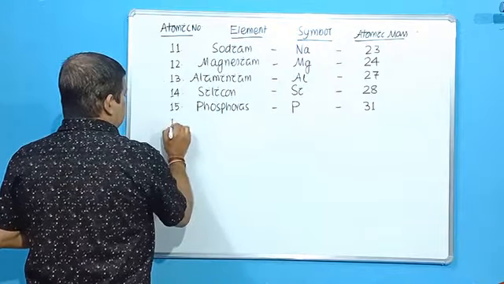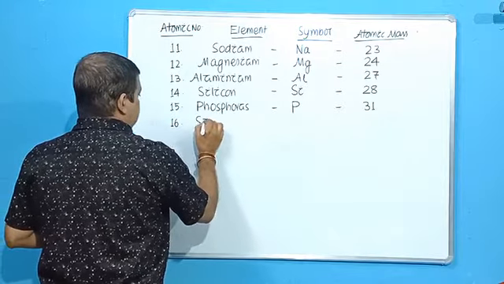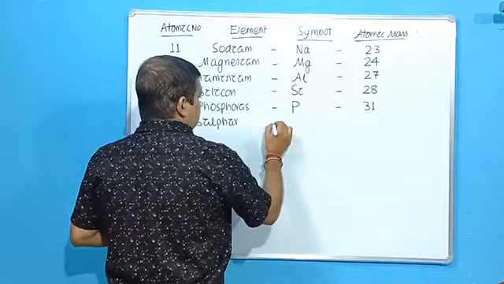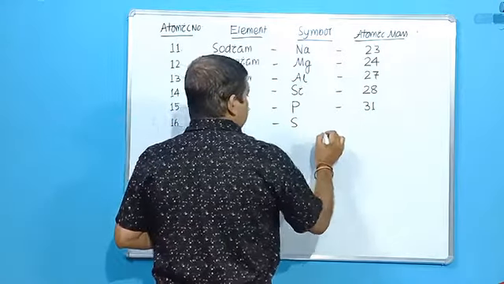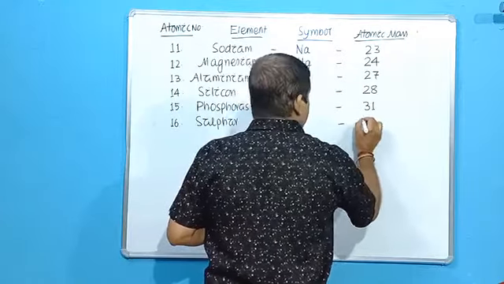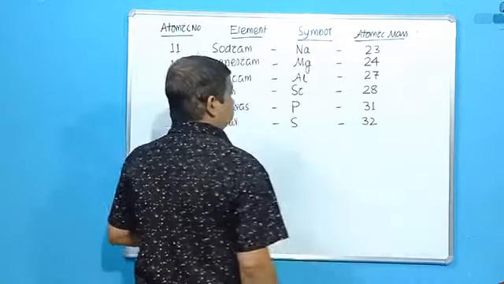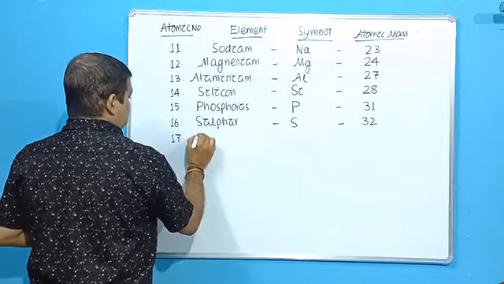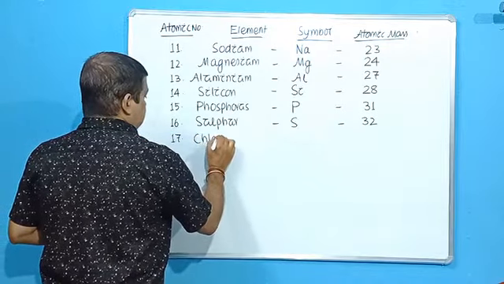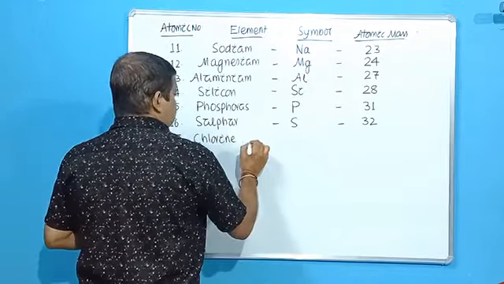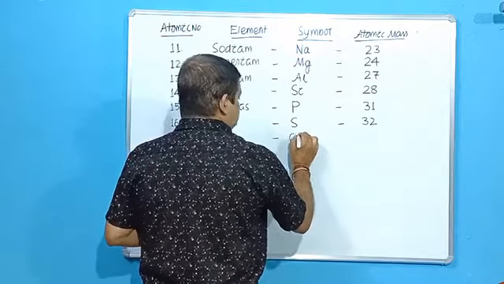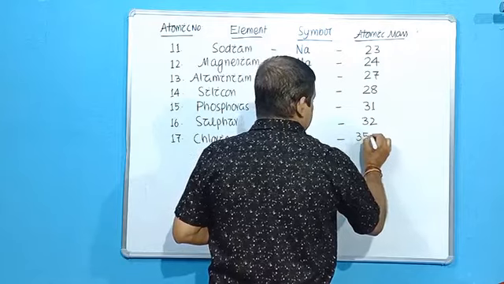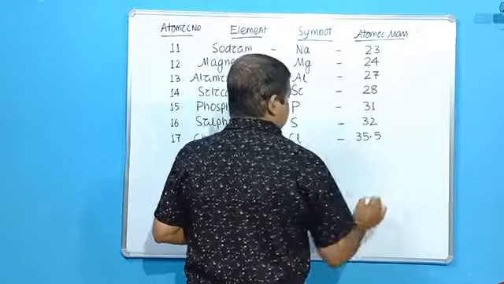Okay. 16 is sulfur. Symbol is S. Then mass is 32. 17 is chlorine, symbol is Cl, mass we just now calculated, 35.5.